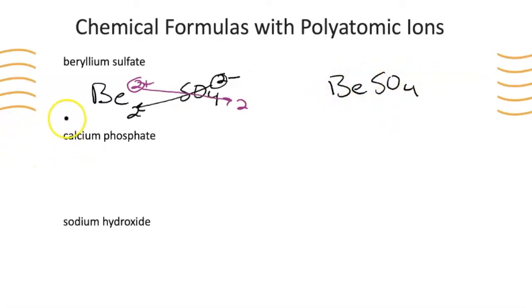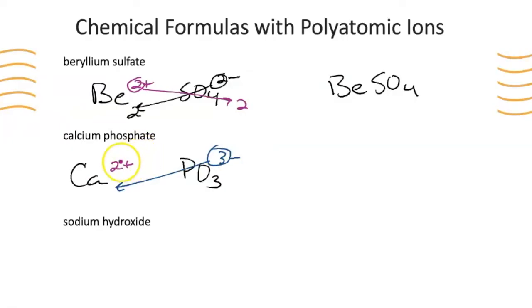Let's look at the next example of calcium. Calcium, also a group 2, has a positive 2 charge, but phosphate has a negative 3 charge. We use our drop swap here. Now for this, we will write calcium 3 and PO4, we need to make 2.